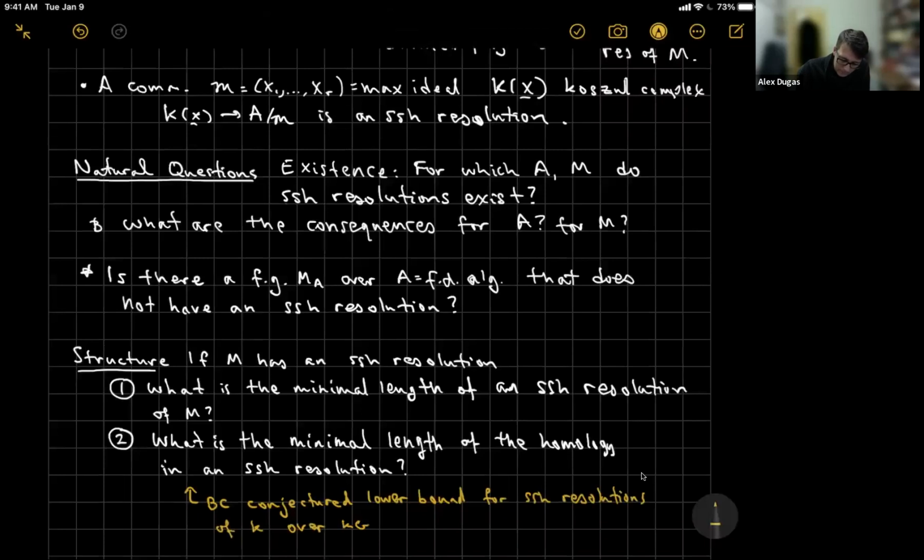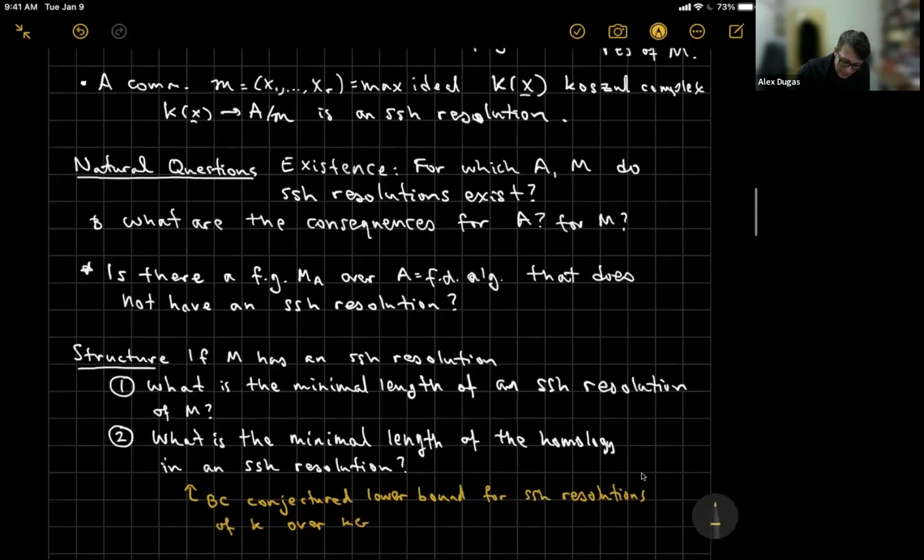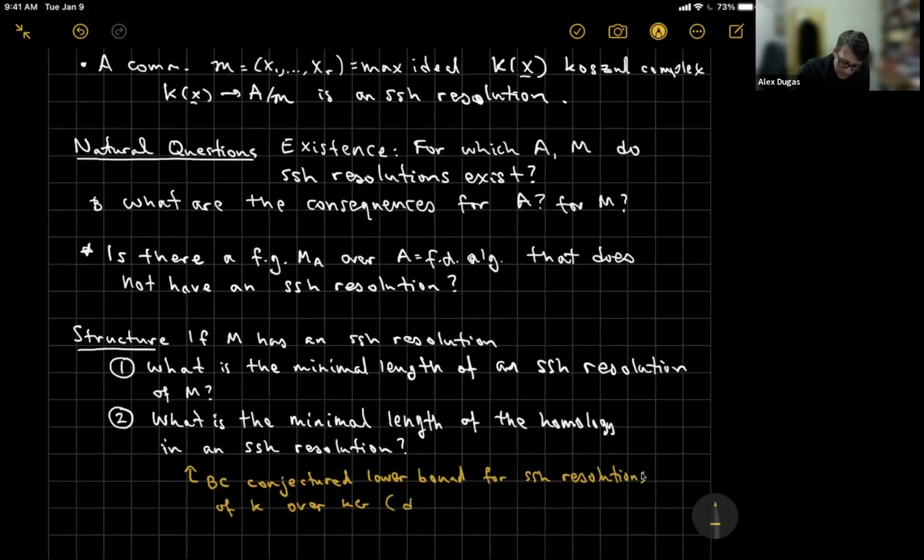And if their conjecture held, then it would imply some conjecture about elementary abelian p-groups acting freely on products of spheres. However, their conjecture turns out to not be true.